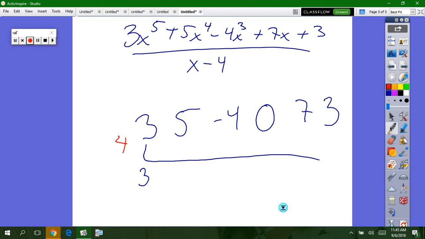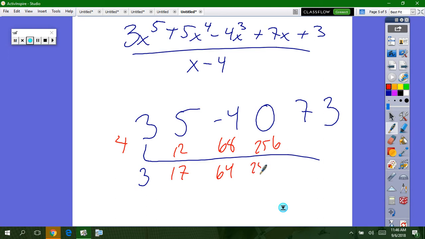Okay? So a 3. 4 times 3? 12. 5 plus 12. Now, once again, why am I not subtracting? I'm adding because I've already taken care of the negation by switching the sign over, right? Does that make sense? 4 times 17, 68. That's 64. It's 256, I believe. Am I correct in that statement?